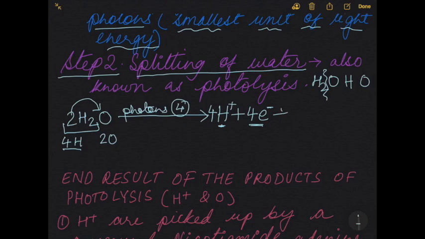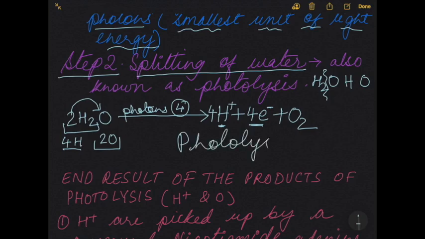And of course with it, how many atoms of oxygen are there? 2 atoms. That means 2 atoms of oxygen will form the oxygen gas. Understood? So the products of photolysis. This process is also known as photolysis. What is this process known as? Photolysis.